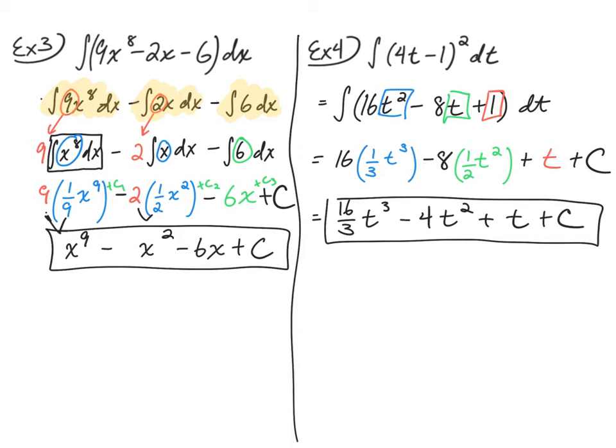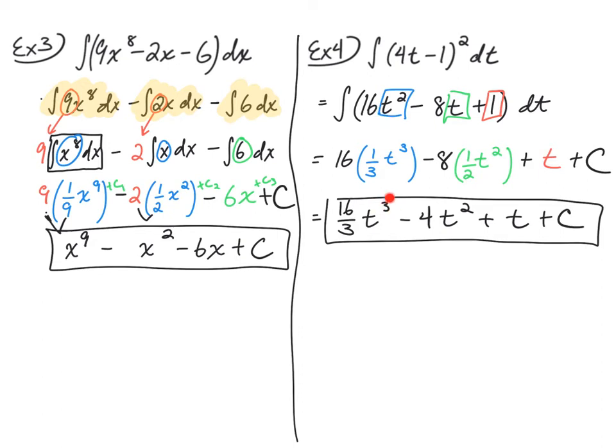Before we get to the next couple examples, I just want to point out something else really quickly here. If you find the derivative of this function, you bring the power to the front and subtract 1 from the exponent. If you multiply this by 3, you'll get 16.